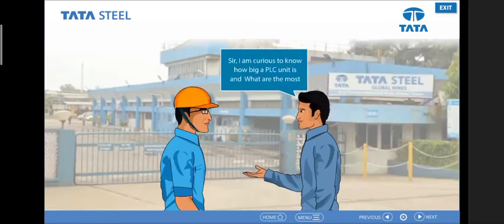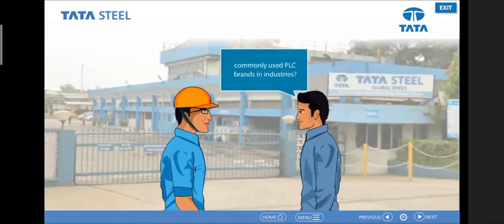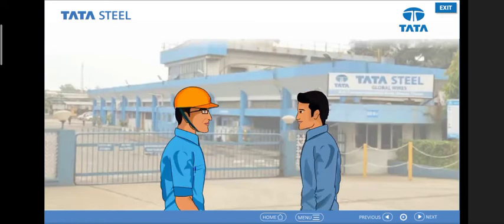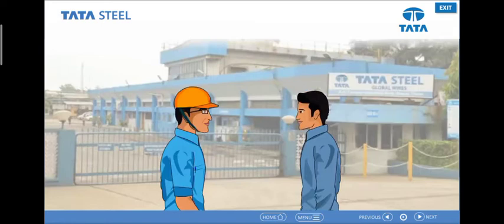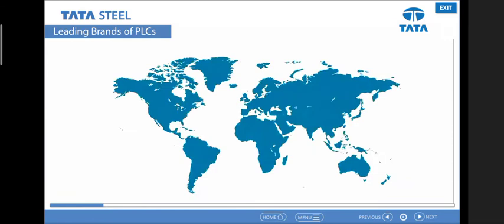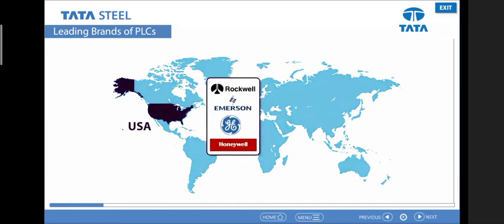Sir, I am curious to know how big a PLC unit is and what are the most commonly used PLC brands in industries. Leading brands of PLCs are USA PLC: Rockwell, Emerson, General Electric, Honeywell International.